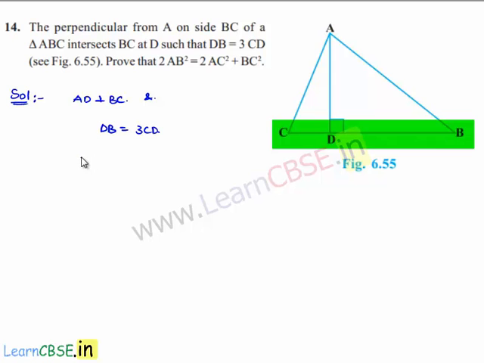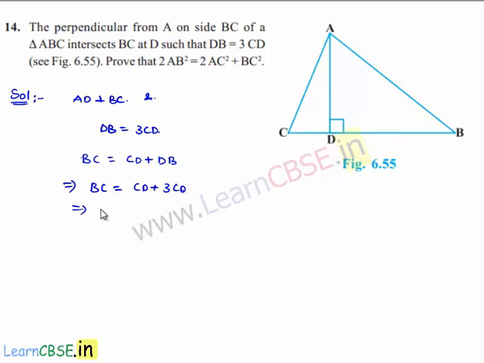We can say BC is equal to CD plus DB, which can be written as 3CD, which implies BC is equal to 4 times CD, that is nothing but CD is equal to 1/4 times BC. Let it be as equation number 1.